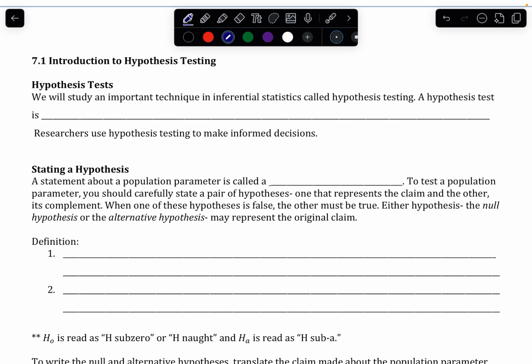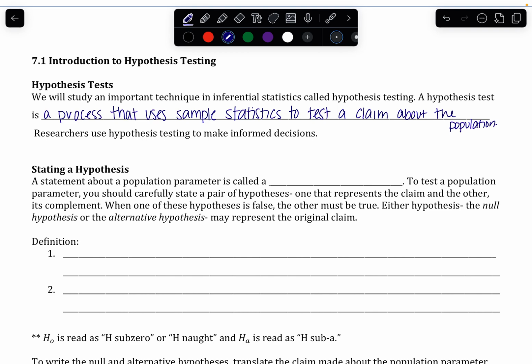A hypothesis test is a process that uses sample statistics to test a claim about the population. Researchers use hypothesis testing to make informed decisions.